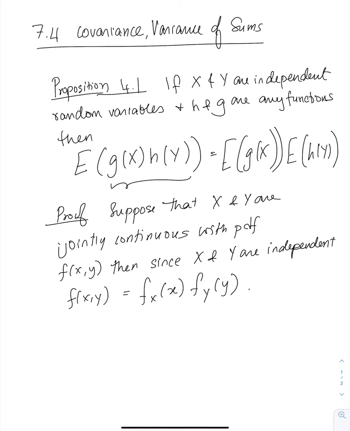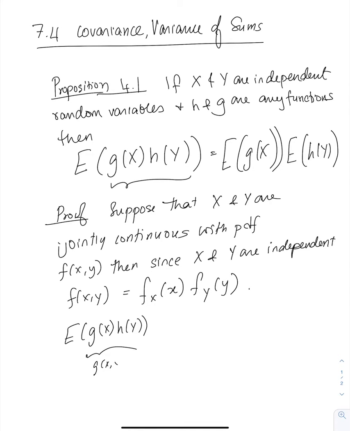So, going back to the formula we got in 7.2, what is the expectation of g of X times h of Y? We had a function of X and Y that wasn't necessarily a product. What formula did we have?